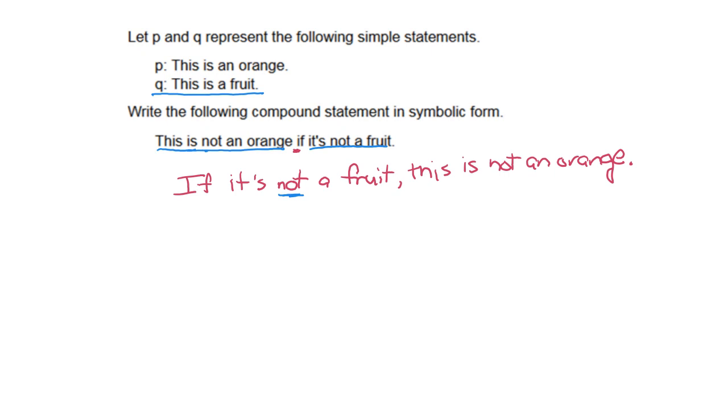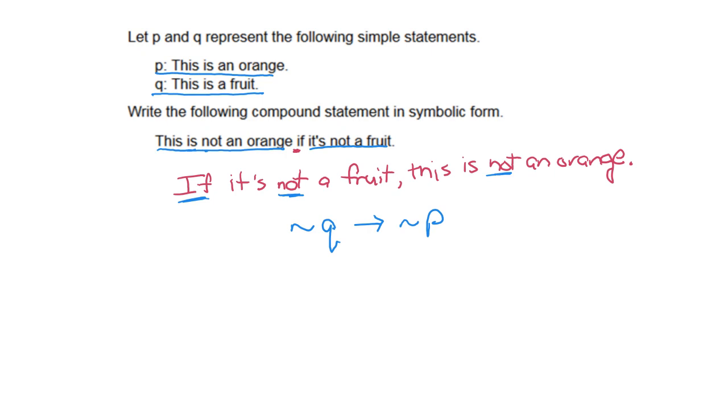But this word not is telling us that we have not Q. All right, because we have the if, we have what's called a conditional. And then what follows is, this is not an orange. And again, we have not an orange would make this not P. All right, since P is this is an orange, not P is this is not an orange.